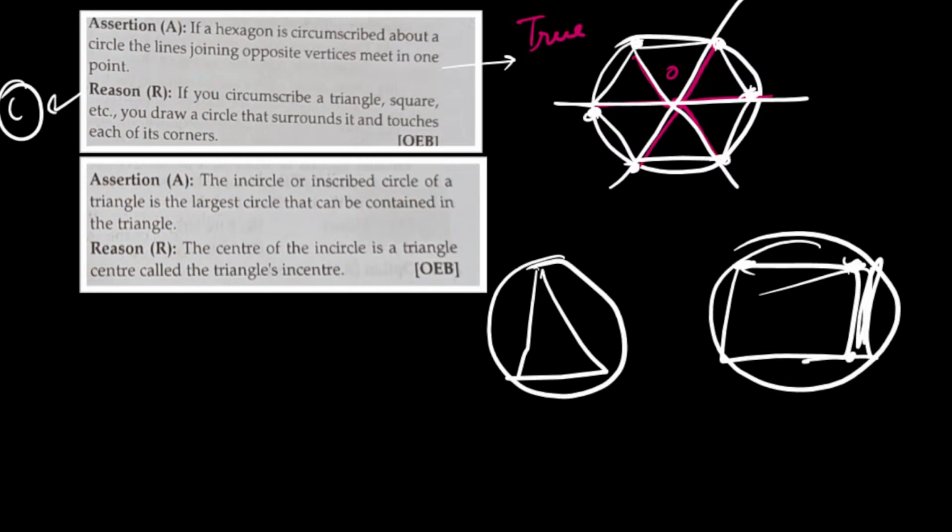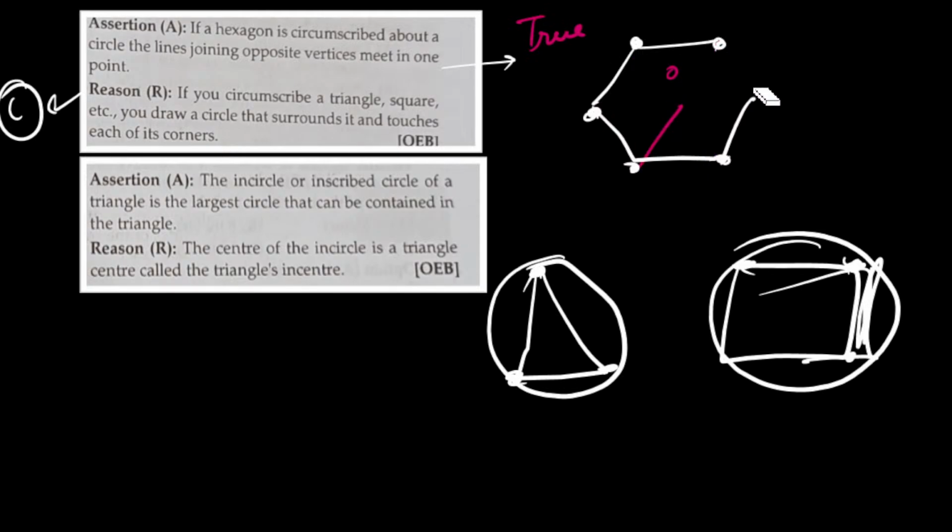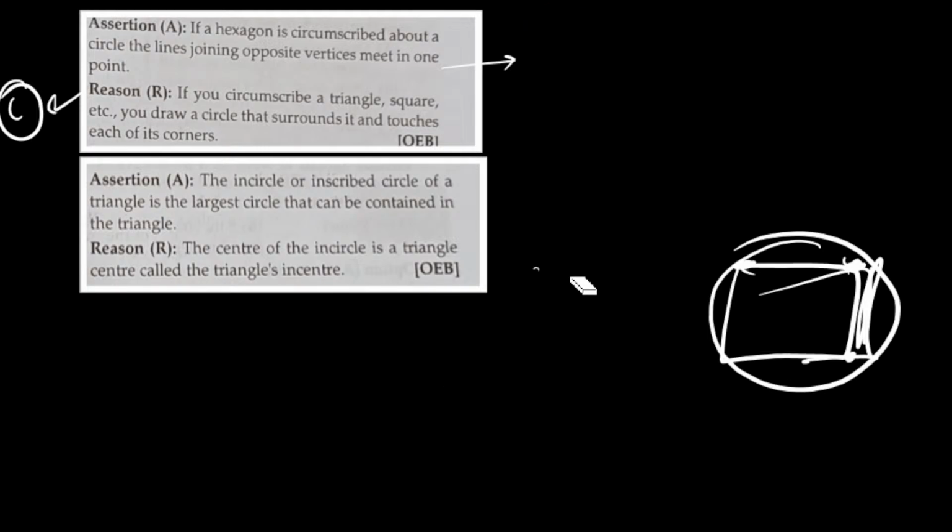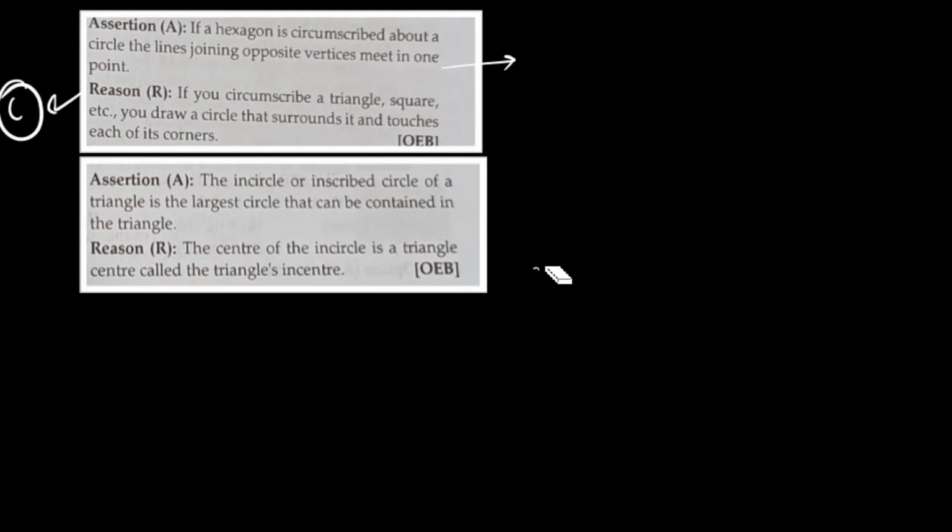I hope this is clear. That's why I am drawing here and showing you the circumscribing circle. Whenever you draw, the polygon's vertices will always be touched by the circle. So first one, second one, both are true. Both A and R are true.